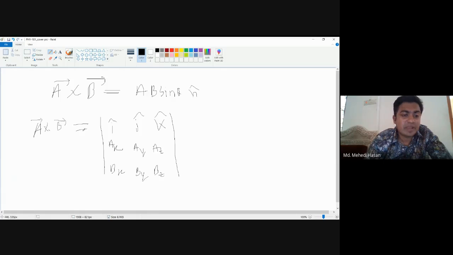If the vectors are given in two dimensions, you have to write down 0 for the K component here, okay? If you put only the I and J values and multiply, it's not the right answer.